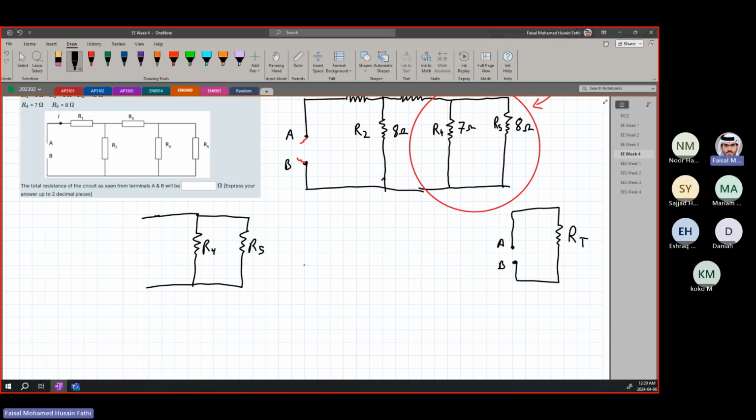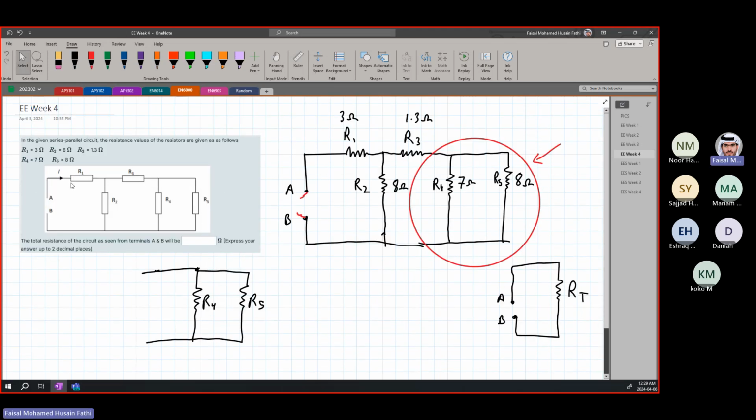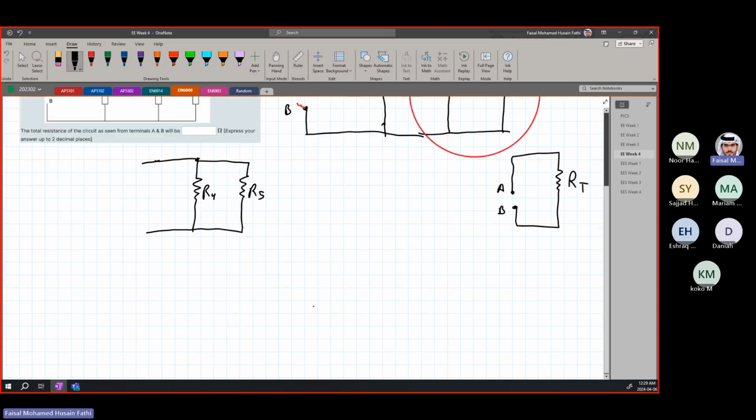No, the current I here, no worries, I'll explain it. Don't look at the current I here. The current I is just for the current here, okay? How do you know if something is in parallel or in series? That is actually a very good question to ask. Look at the connection points.